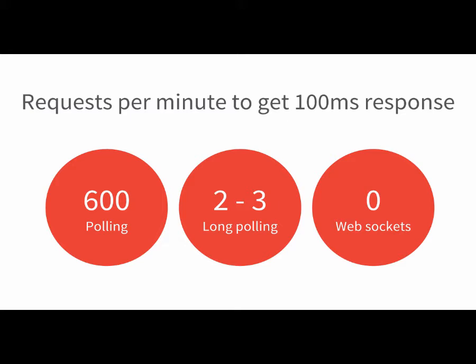For long polling, you're talking, again, 2 to 3 connections. Scale that out to the number of users, and you may or may not get to a large number. For WebSockets, the number of additional requests that you need is 0. You establish the connection when you load the client, and that connection is maintained through the session of the user.